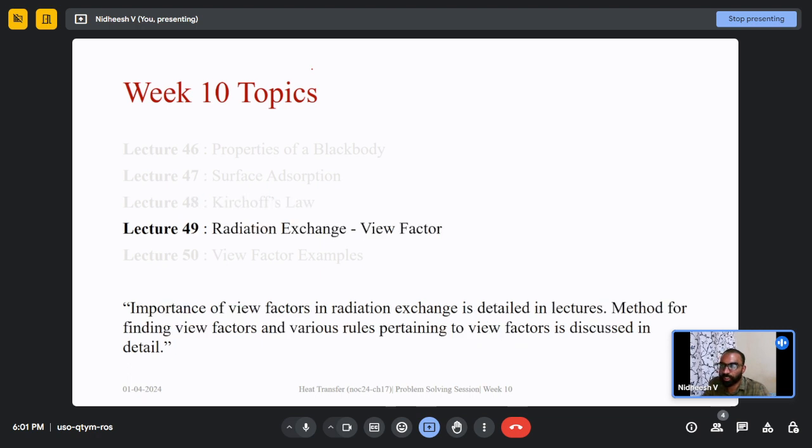In lecture 49, radiation exchange was discussed, the importance of view factors, the method for finding view factors and various rules pertaining to view factors.